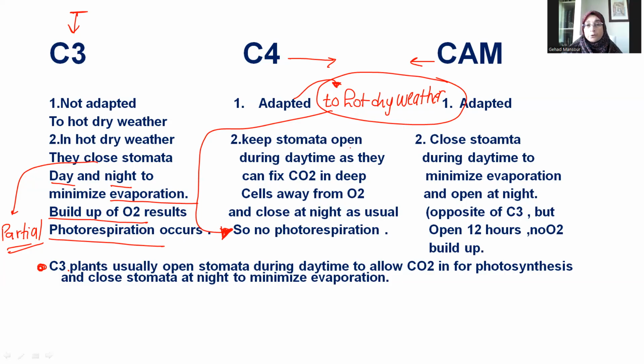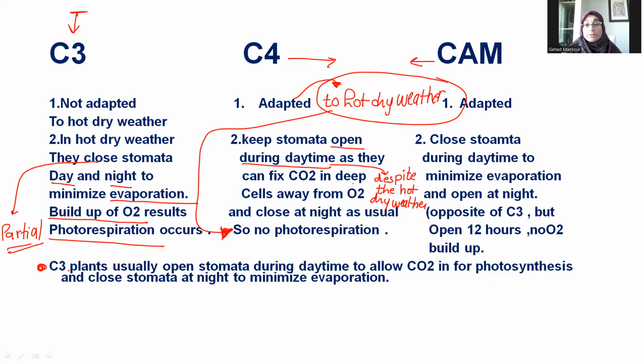They keep the stomata open during daytime, meaning that they are not forced to open the stomata during daytime, and I would add despite the hot, dry weather. They have enough courage to keep the stomata open during daytime despite the hot, dry weather.